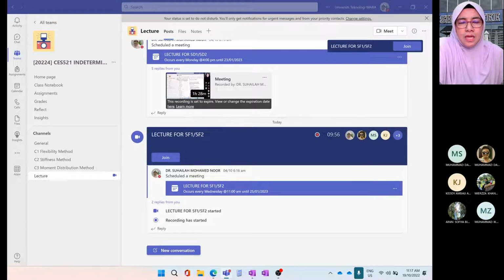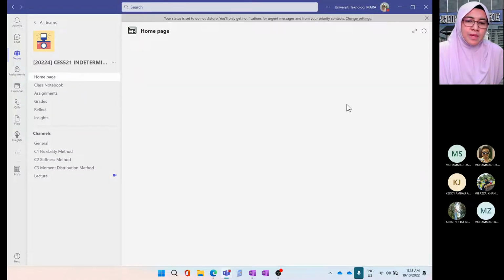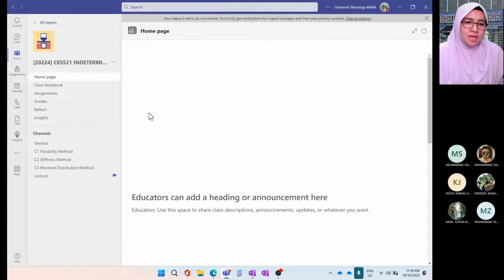So saya akan continue dengan all will use Microsoft Teams. Before we go to the OBE briefing, this is the new look of Microsoft Teams. Ada homepage, nanti announcement ke apa semua saya akan letak kat sini.